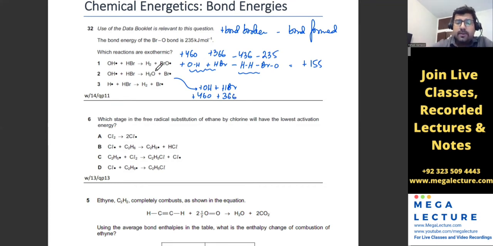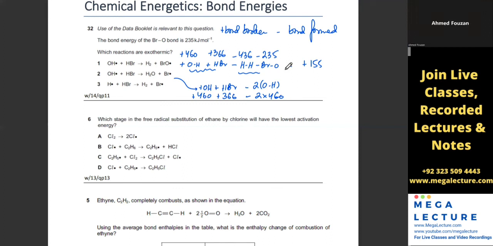That's two OH bonds getting formed, and no Br bond getting formed. Water has two OH bonds, remember that. So that's minus 2 into 460. So what value are you getting now? Minus 94. So minus 94.